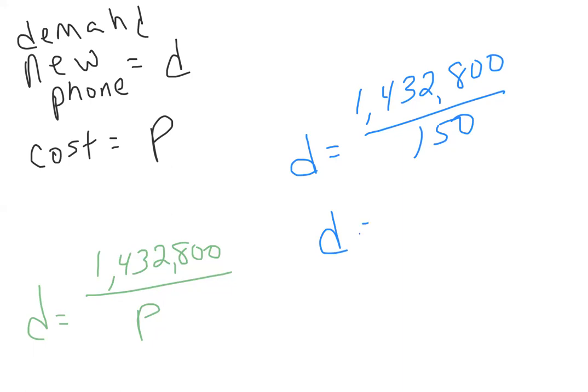And my demand comes to be 9,552 new phones. So my demand would increase. Are we all right with this? By the way, with a math video, anytime you need to pause it to write, by all means, you pause it.